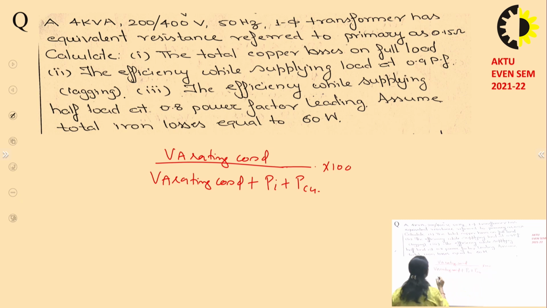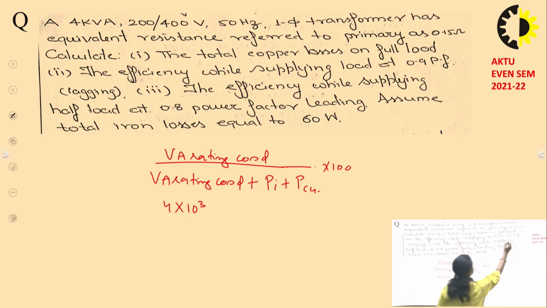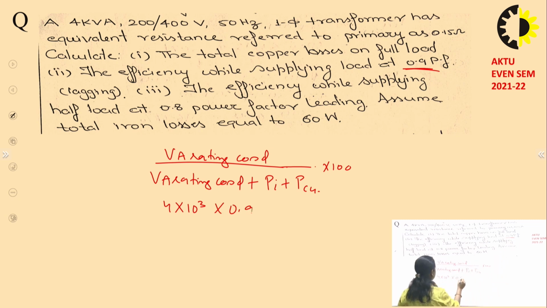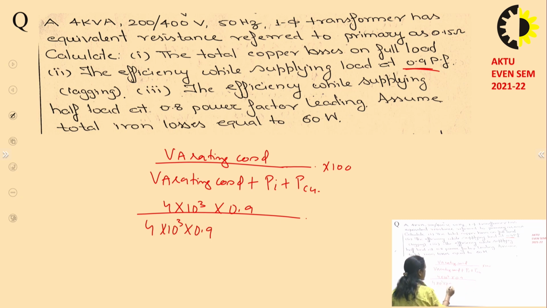So what is VA rating given? VA rating is given 4 into 10 power 3, and what will be the power factor? The efficiency while supplying load at 0.9 power factor, right? So this is 0.9 divided by 4 into 10 power 3 into 0.9, right? Plus iron loss.